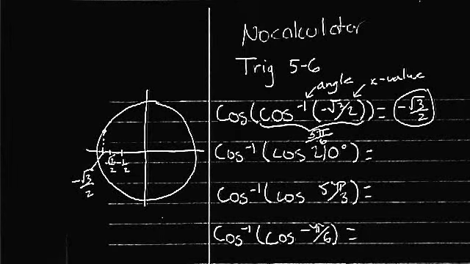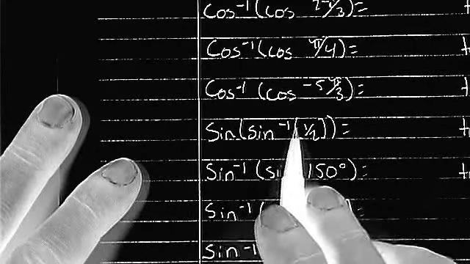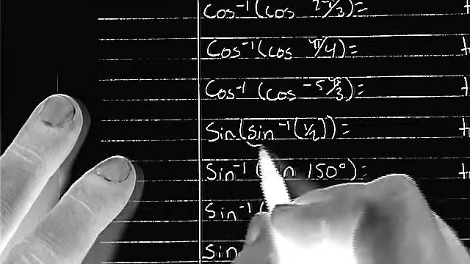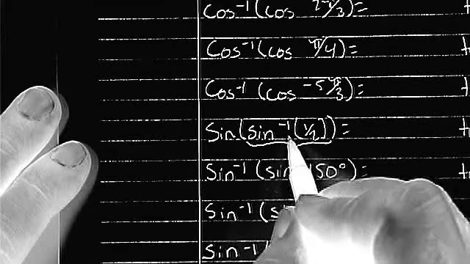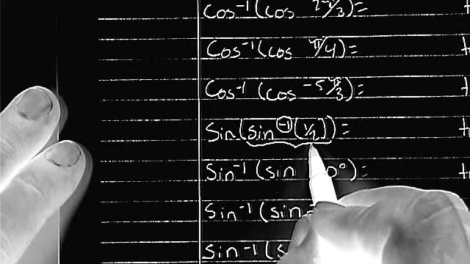Then I wanted to jump down in the middle here to this question, sine inverse of 1/2. So this is also looking for an angle measurement with a y value of 1/2.